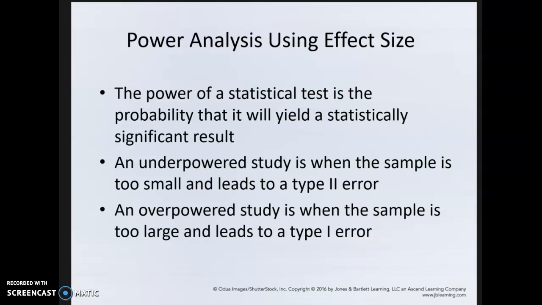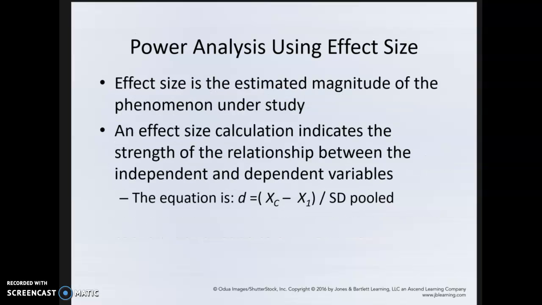An overpowered study, when a sample is too large, can lead to a type 1 error. Keep that in mind when you're looking at the types of errors and doing your critiques.